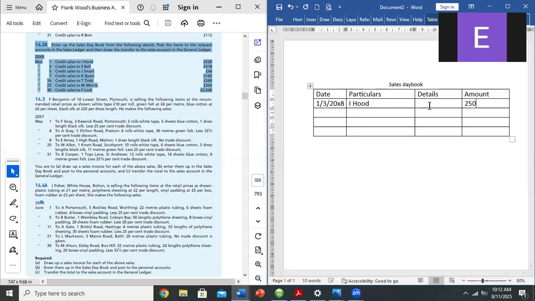So for example, if in this case we sold the goods to IHood, let's say 250, and we're told that we gave IHood a discount, a reduction, this is how it's going to show. For the purposes of clarity, let me do that. We are going to less the discount. Where do you put that description, less discount? Under the particulars.